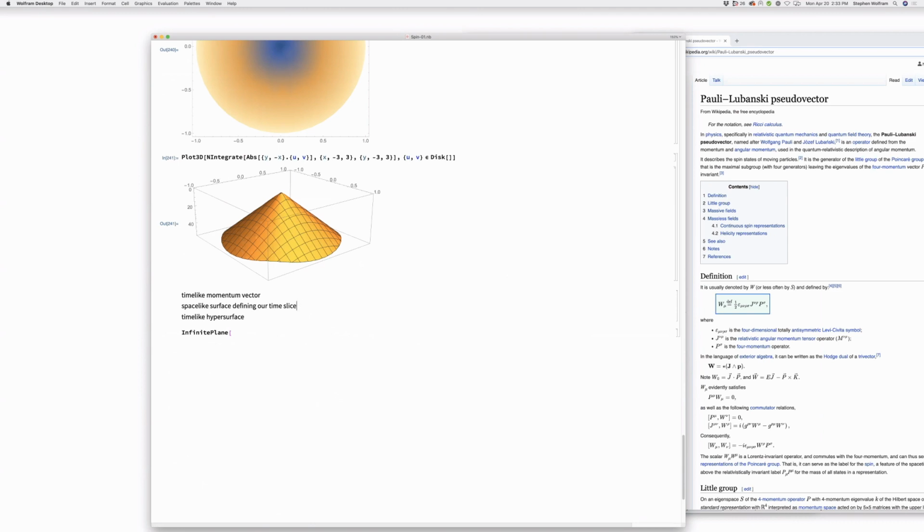Okay, so let's assume we're dealing with d+1 dimensional space-time. In that case, the space-like surface is d-dimensional, right? And the time-like hypersurface is, you claim, d-1 dimensional.